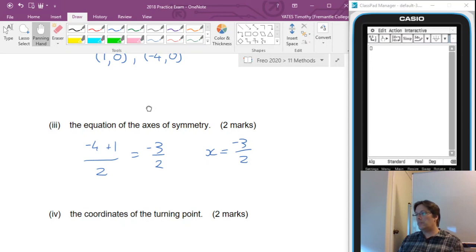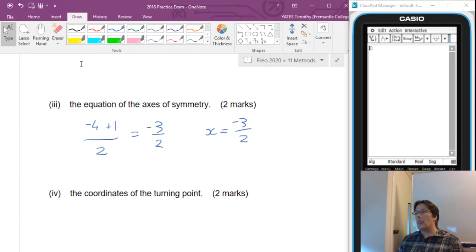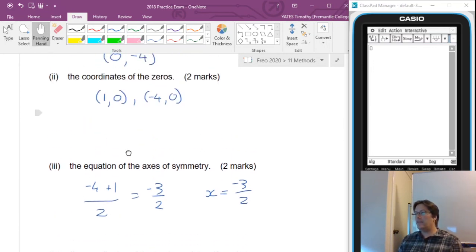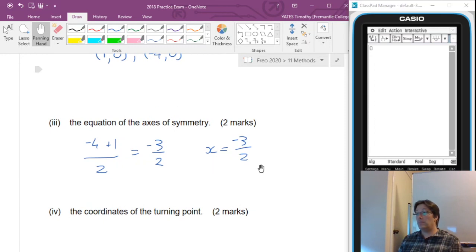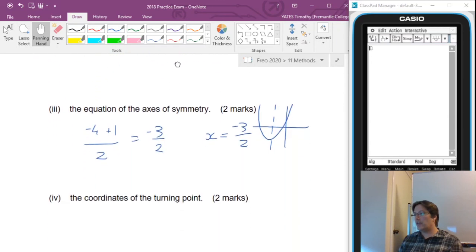And the coordinates of the turning point, again, we've just worked out the x coordinate of the axis of symmetry. And by the way, this is an axis of symmetry over here. That is an equation, x equals negative 3 on 2. It is a vertical line that comes up here, and it will be where this is symmetrical, and it will always be the turning point. So we want to substitute x equals negative 3 on 2 into there.